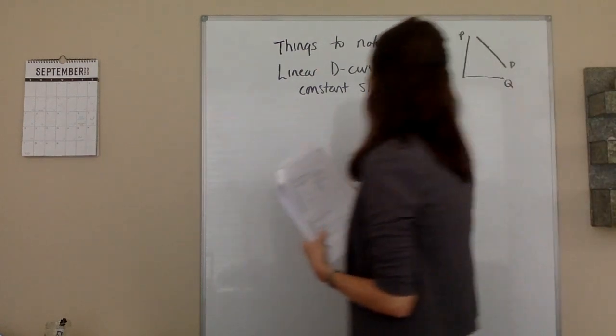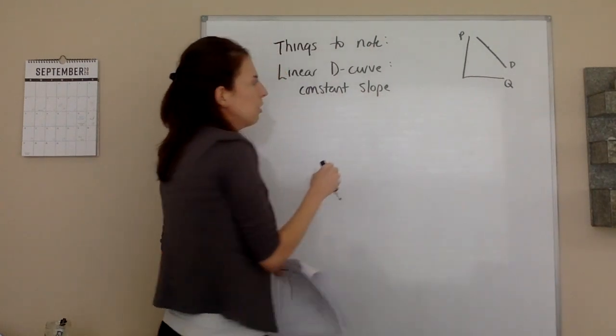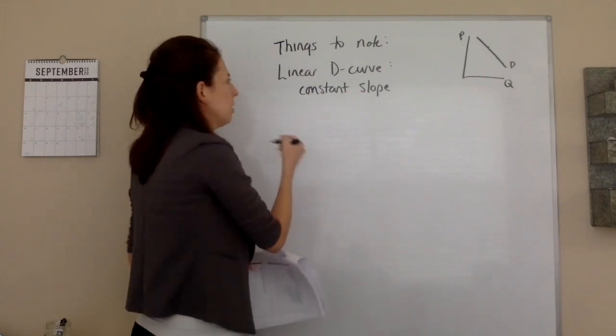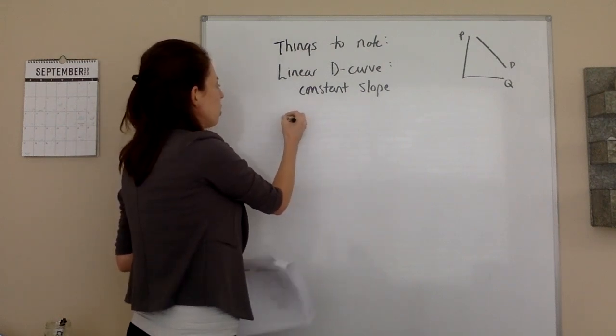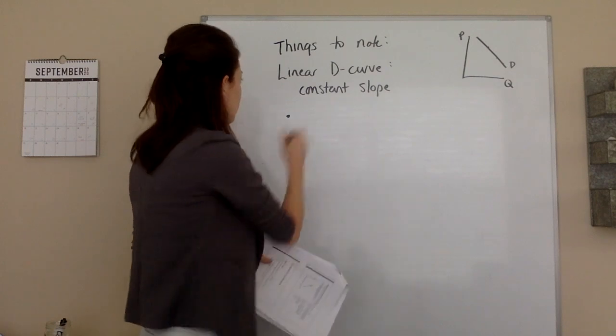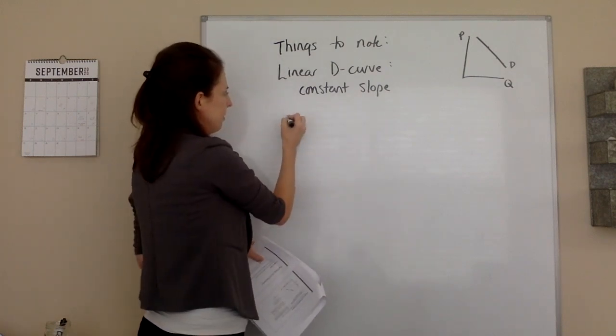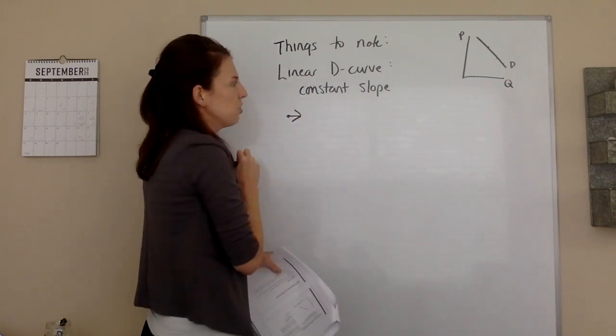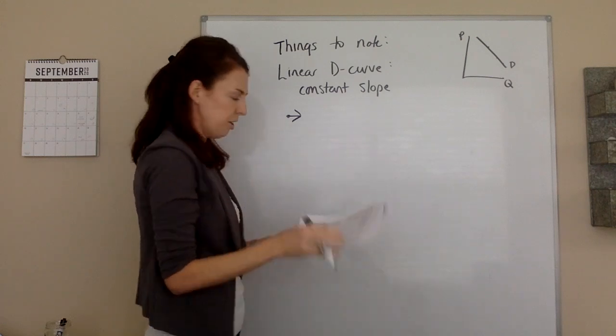Okay, so let me write out the pattern of how this will work, and then I'll draw you a picture. Let me change this to the thing you need to know.